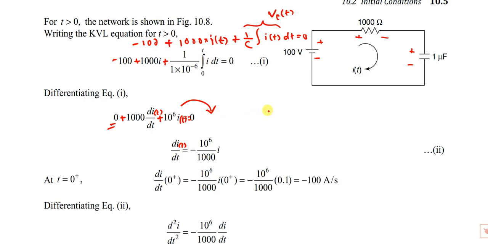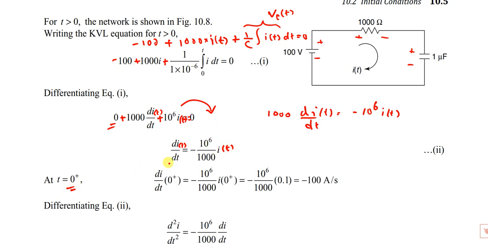I will write one more extra step. It is 1000 di by dt, and 10 power 6 I of t comes to the right side, so di by dt is equal to minus 10 power 6 by 1000 I of t.